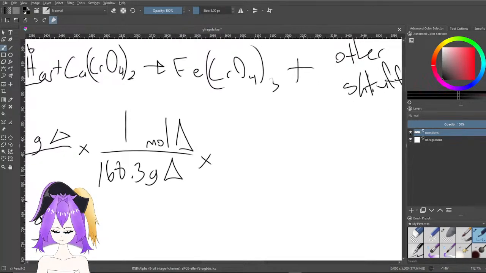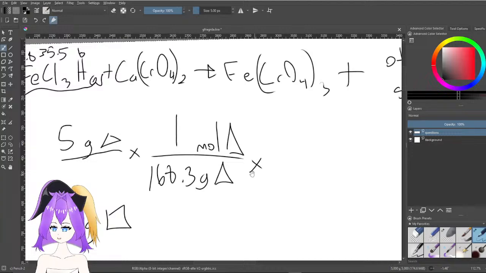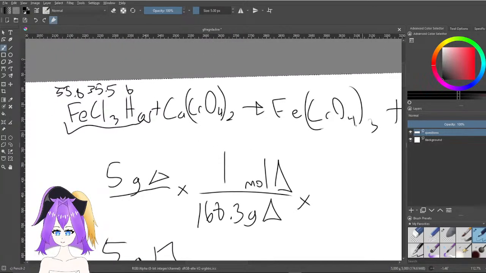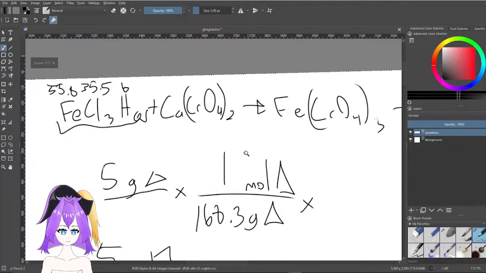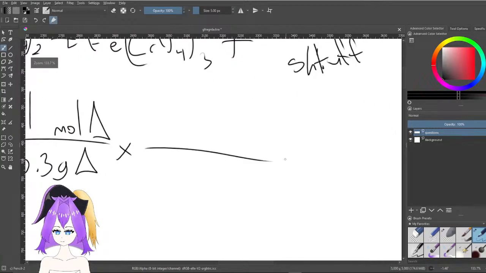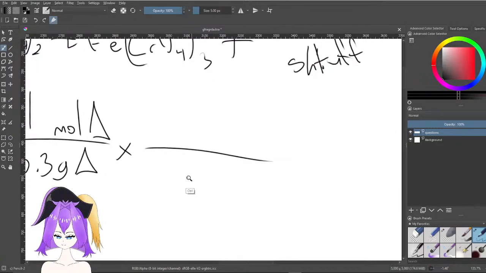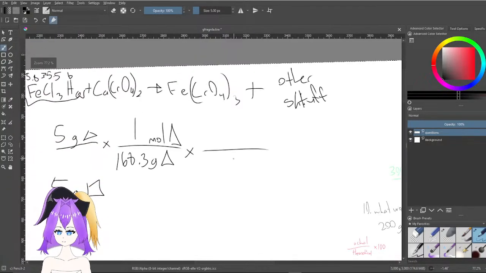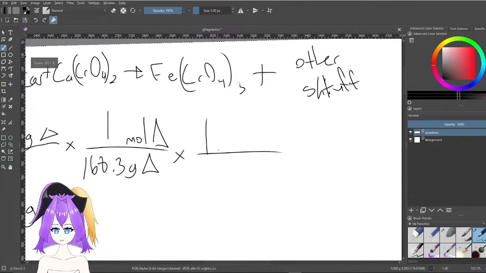Is this balanced? I don't even know if this is balanced. Like, 1, 1, 1, 1, 12... I'll be fine. It's whatever. Okay, so moles. I think it's just going to be 1-to-1.